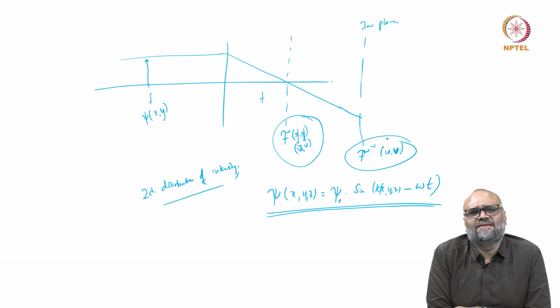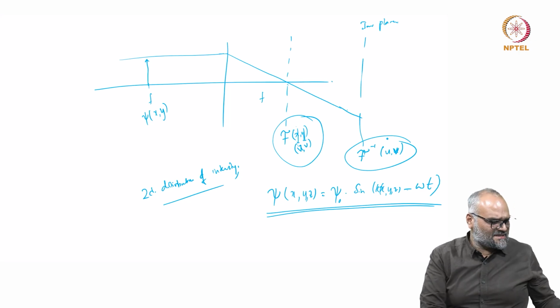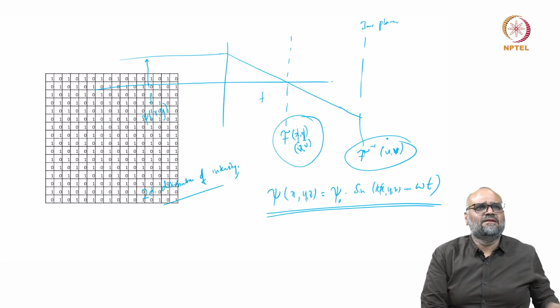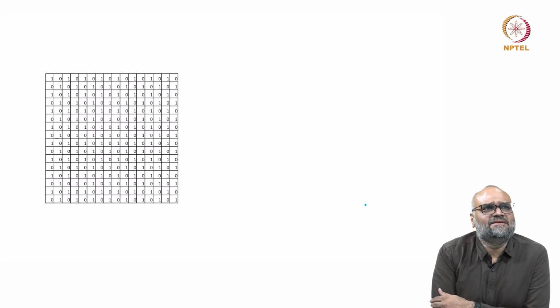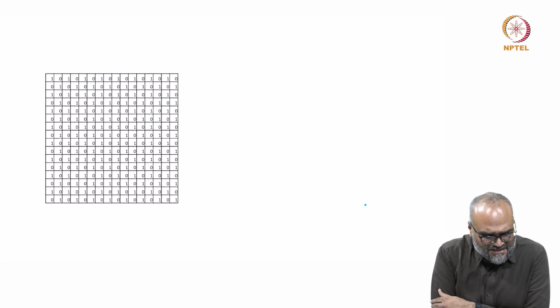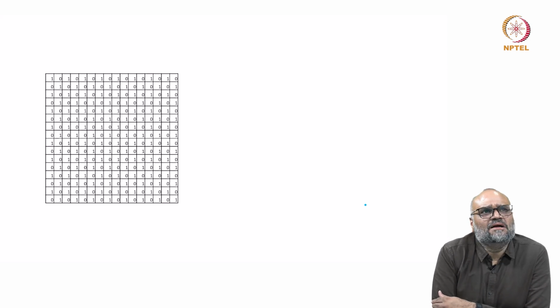To start with, let us look at a simple tabular column and understand how a simple image is formed and stored. So for this, I give you a simple example of some values displayed in a table here. You can see that there is a 16 cross 16 array here of ones and zeros.